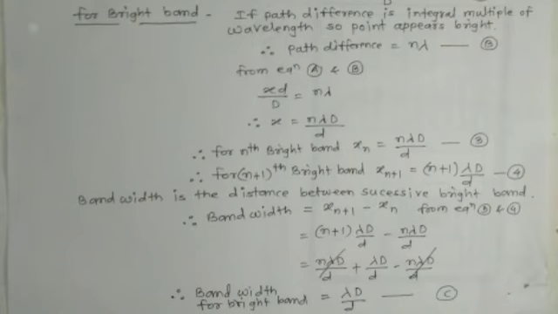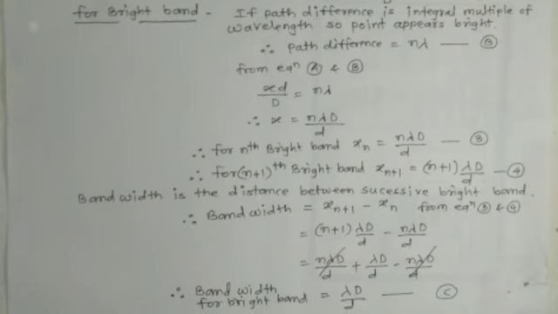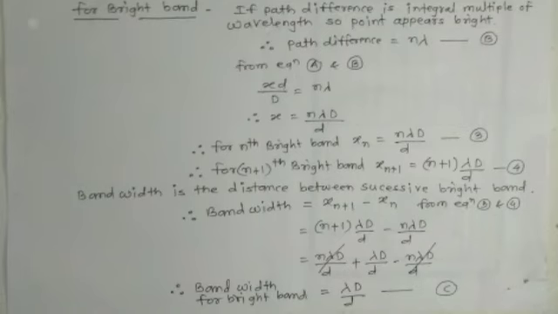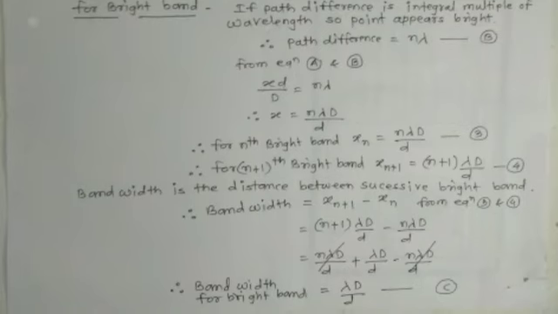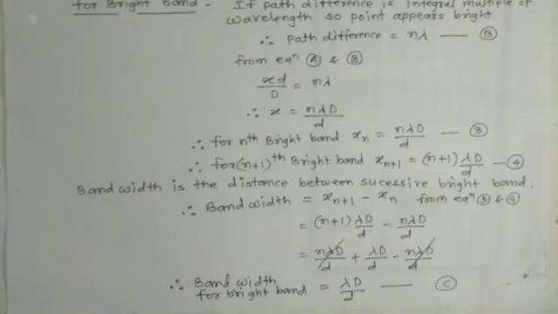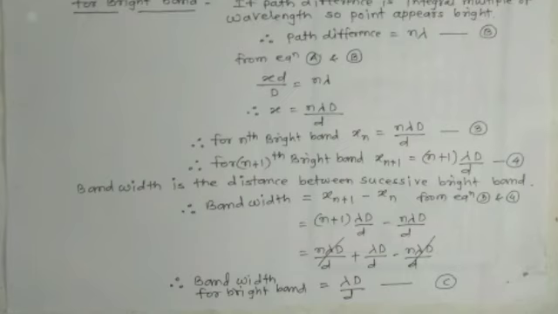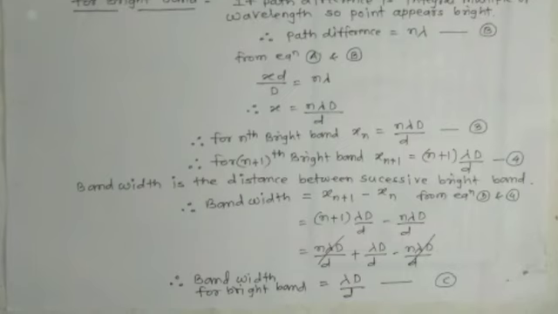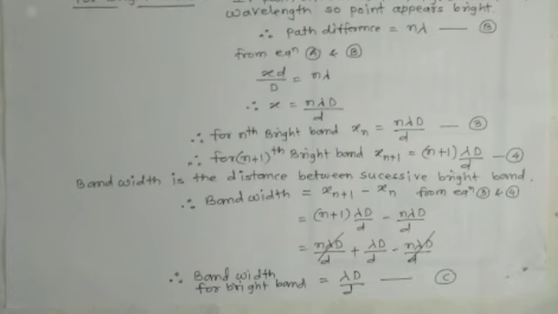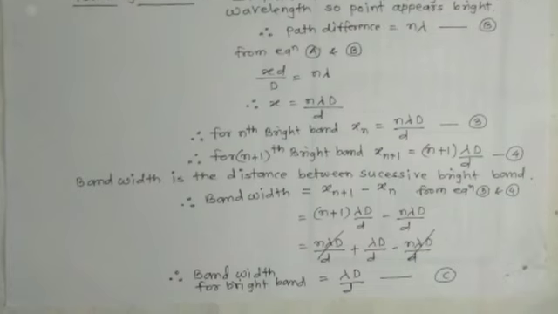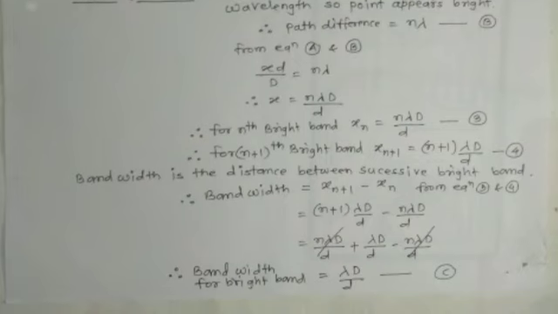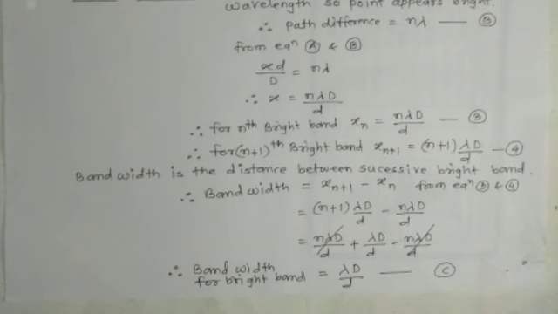From equation 3 and 4, (n plus 1) lambda capital D upon small d minus n lambda capital D upon small d. Therefore n lambda capital D upon small d plus lambda capital D upon small d minus n lambda capital D upon small d; n lambda capital D upon small d get cancel. Therefore bandwidth for bright band is equal to lambda capital D upon small d, considered as equation C.